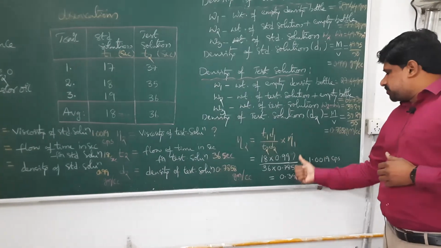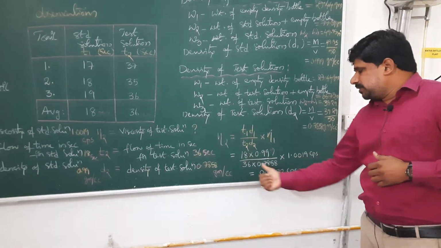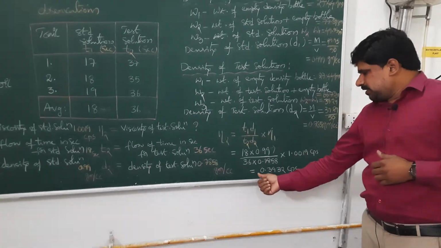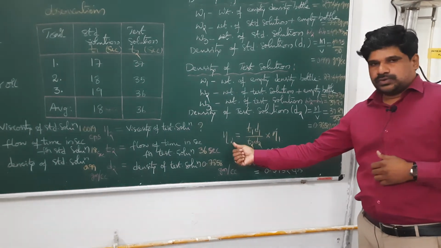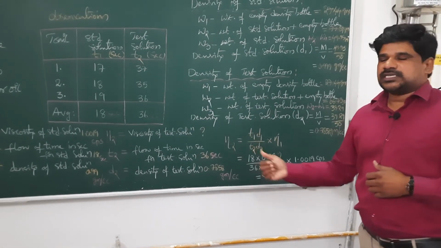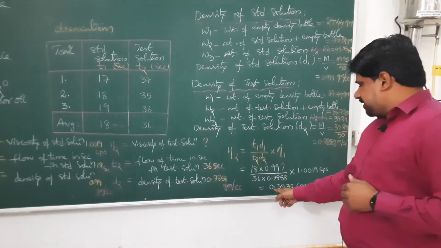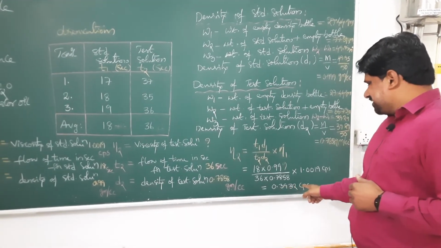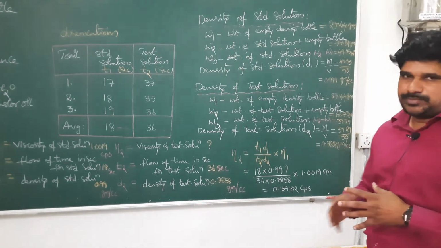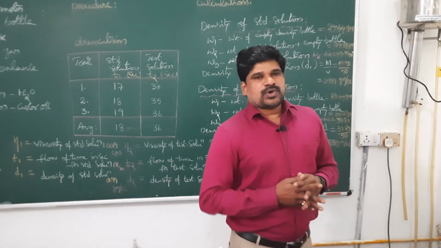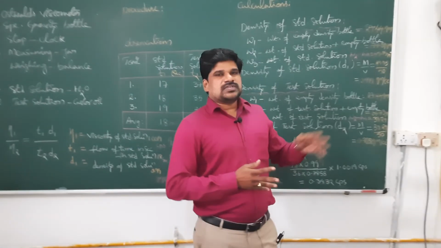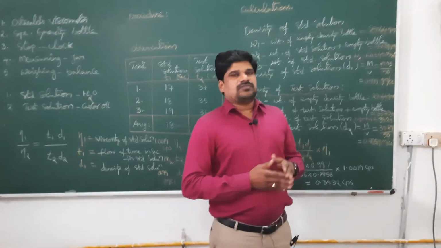Then substituting in the equation and doing the simplification, we will get the value of eta 2, that is nothing but the viscosity of the test solution, equal to 0.3932 CPS, where CPS is the centipoise, the unit for viscosity of any given solution.